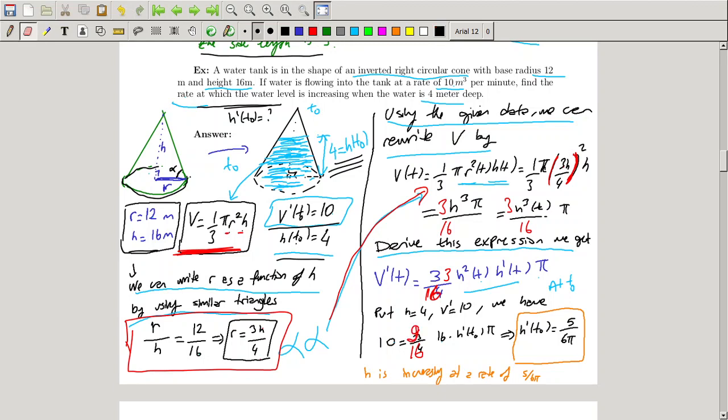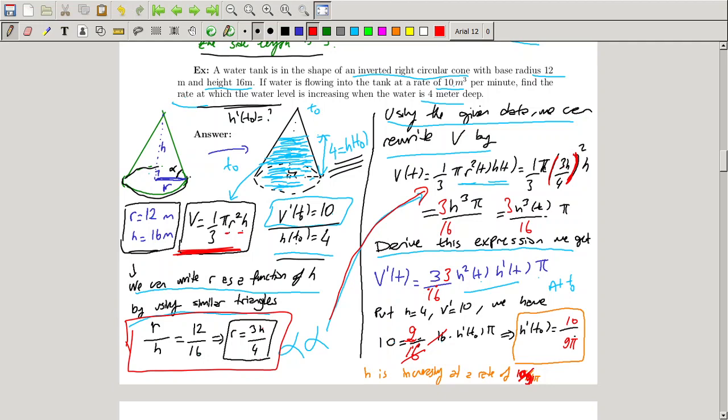Maybe better to erase and write it again. So the 16s cancel each other. h prime of t will be 10 over, okay, here the answer is also not true. We have 10 over 9π. Here again 10 over 9π.